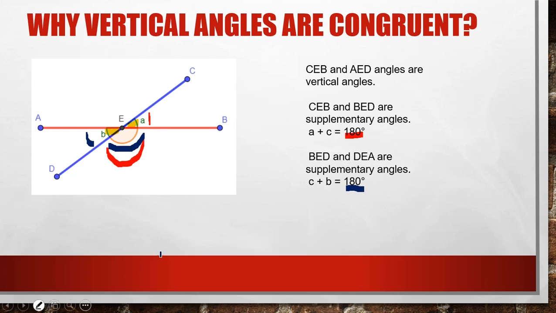You can see that A plus C equals C plus B, isn't it? So we know that C is the same for both of them, and we can see that now A equals B. So if two angles are vertical, then they are congruent.